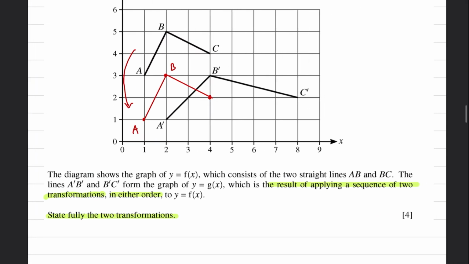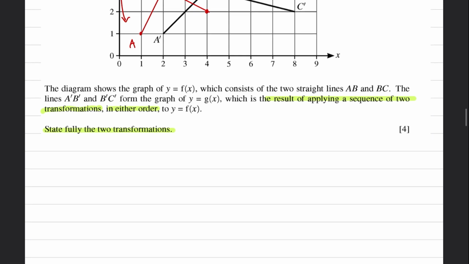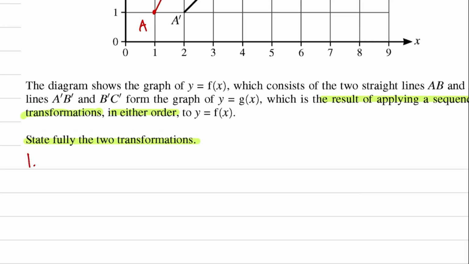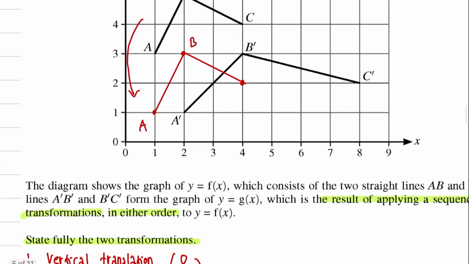So the first transformation is vertical translation, or we can say by the vector 0, -2, because we move it down by 2 units, so we -2. And vertical means that we put the number below here.